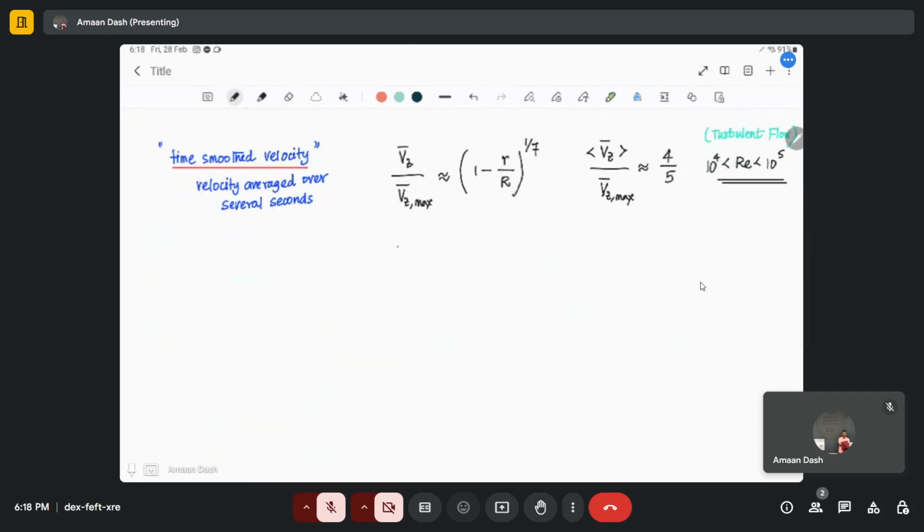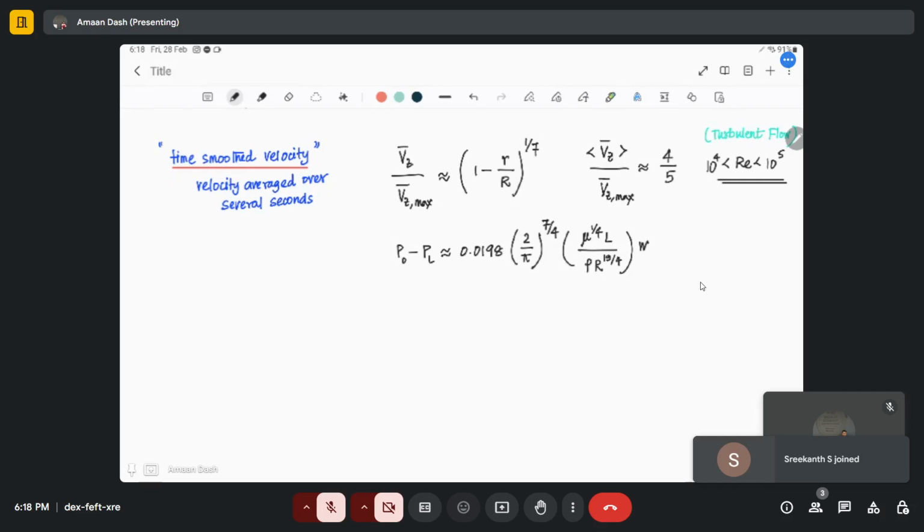So this is P0 minus PL will roughly be equal to 0.0198 times (2/pi)^(7/4) mu^(1/4) L rho over R^(19/4) times w^(7/4), for the same range of Reynolds number.